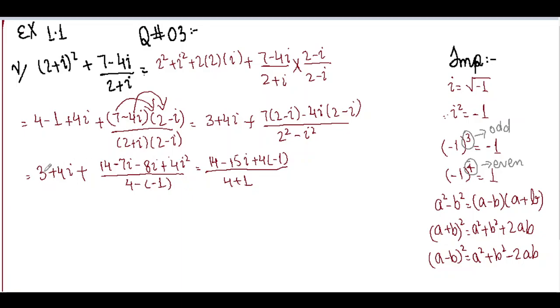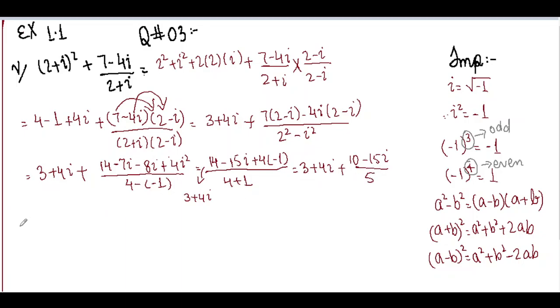Oops, sorry, I forgot writing this term over here. Okay, I'm just going to write it this way, 3 + 4ι. Okay, now 3 + 4ι plus 14 − 4 gives us 10 − 15ι whole divided by 4 + 1 is 5.